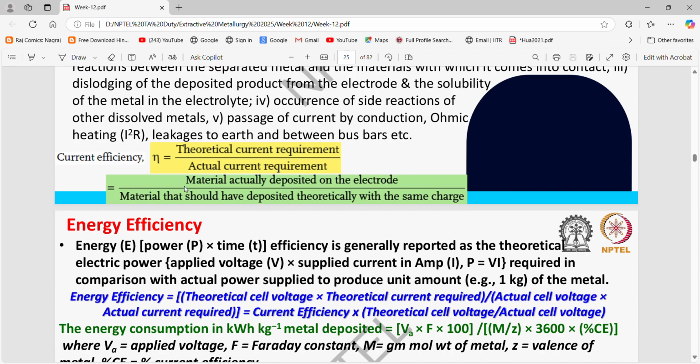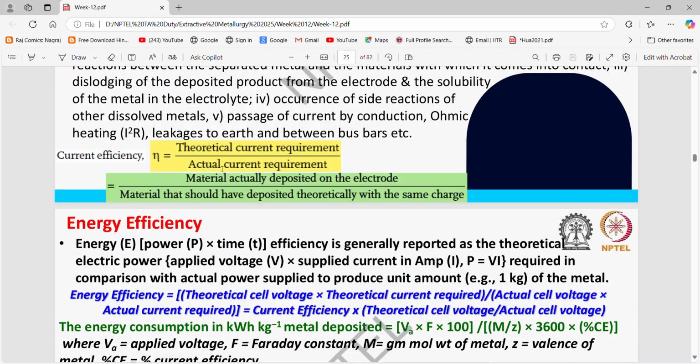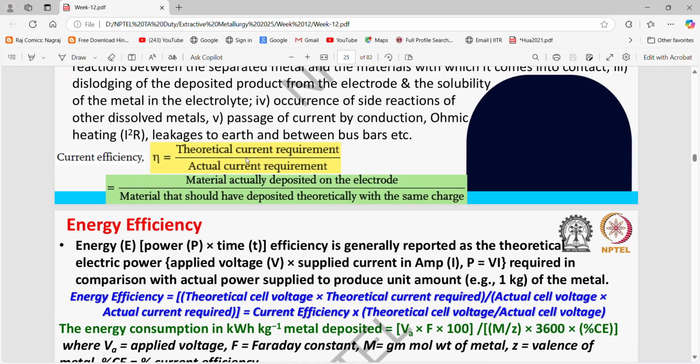It can also be defined as the material actually deposited on the electrode divided by the material that should have deposited theoretically with the same charge. For example, if the theoretical current requirement is around 5 ampere, but we have to apply 6 ampere as the actual current requirement for proper deposition of the metal, then eta will become equal to 5 divided by 6.